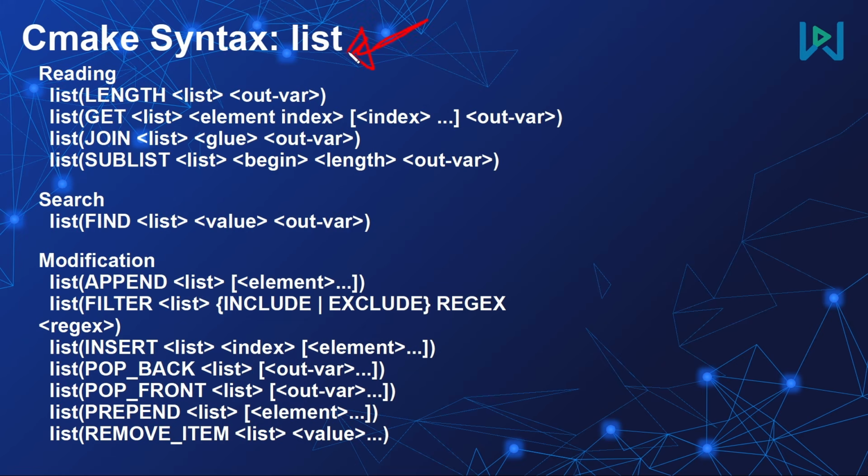The concept of lists is supported as well by CMake syntax, and this is quite similar to what we have in Python. This means we can create a list of items, and then we can manipulate those lists of items within our CMake, like searching through those items, deleting or adding new items, and so on.